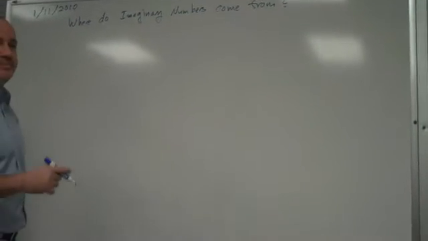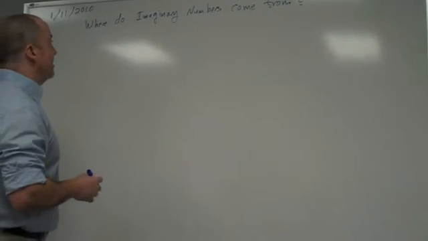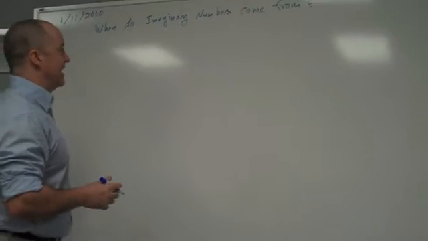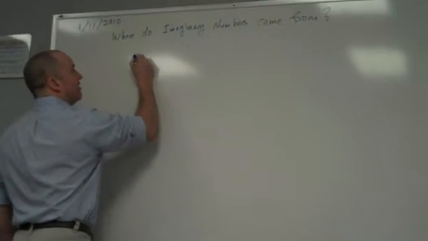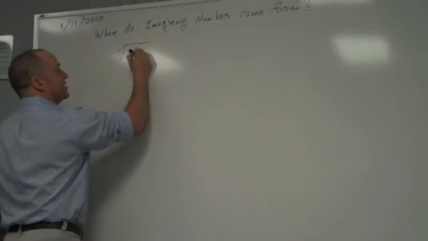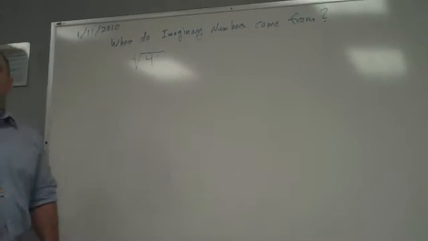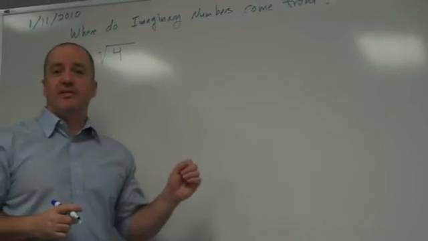Here is the question that we're going to try to answer. If you're asking yourself, what is the square root of 4? Remember, this is a question where you're looking for one factor of 4 that you can multiply by itself and get 4. And what is that factor? 2.